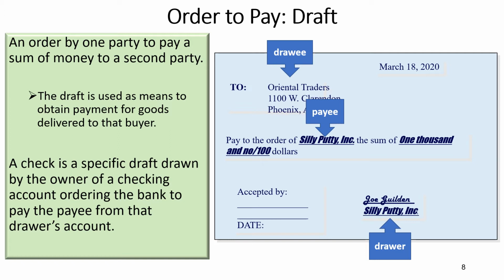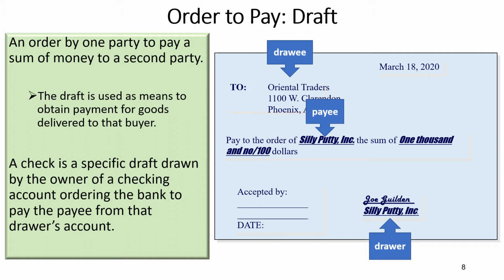In this instance, the payee is also the same party as the drawer because it's an invoice. So Silly Putty more than likely sent goods to Oriental Traders. And so this is a draft in the form of an invoice where Silly Putty is saying, Oriental Traders, send us $1,000 in payment for the goods that we have given you.